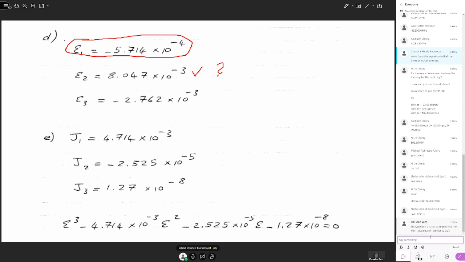One minute, Heva. You're asking whether question D is asking to find the minimum and maximum strain, similar to question E. No, you are finding the three principal strains. The sum of these three principal strains will be zero.